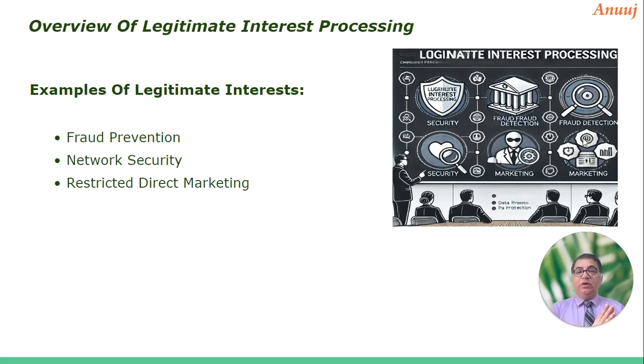However, if it goes beyond control, and you are just sending random emails and product details for which the user is not even willing, then that goes beyond the scope of legitimate processing, and you need to have a consent from that user, and it goes under the normal consent management process.